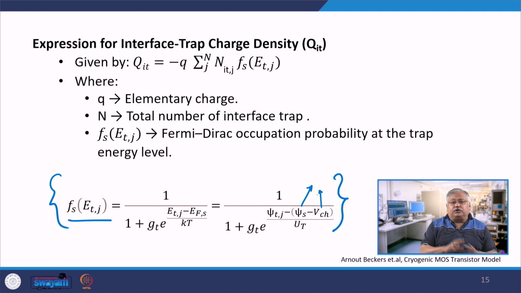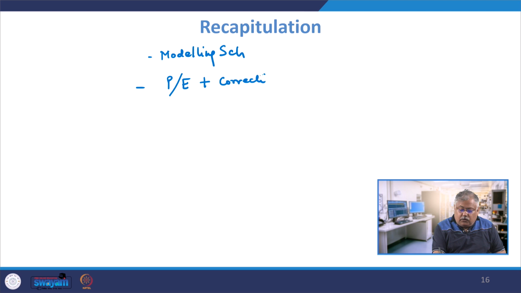So let me recapitulate what we did for this half an hour lecture. We tried to find out the basic modeling mechanisms, right. We looked into the modeling scheme, we looked into the Poisson equation, and we tried to make some corrections in the Poisson equation with respect to electric field and surface potential psi s. There is also a term known as VCH.